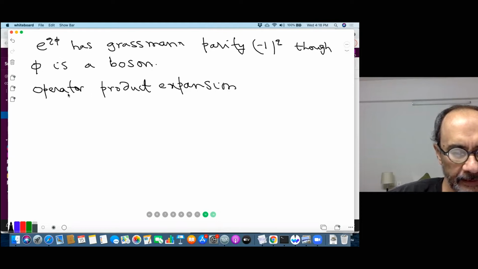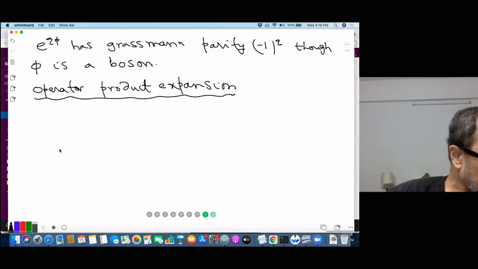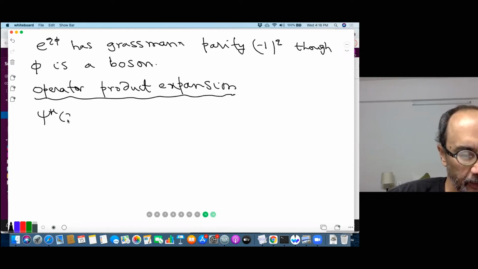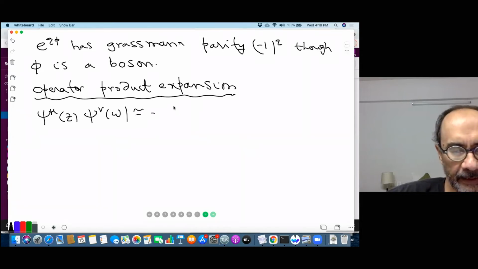Of various fields. I'll write down the ones that are new. The old ones are still valid, which were there for bosonic string theory. So psi mu of z, psi nu of w, this is something new. And this is minus eta mu nu over twice z minus w.